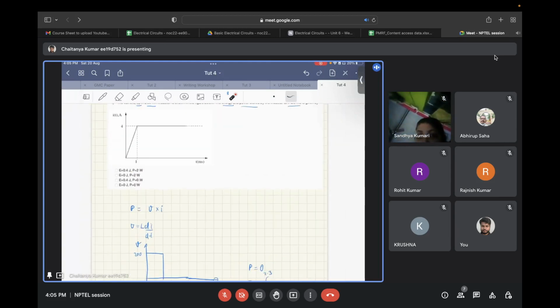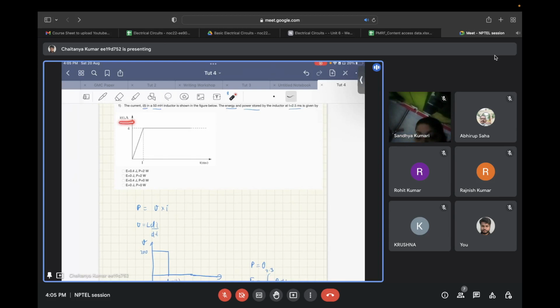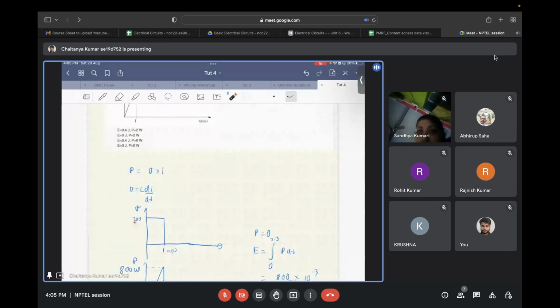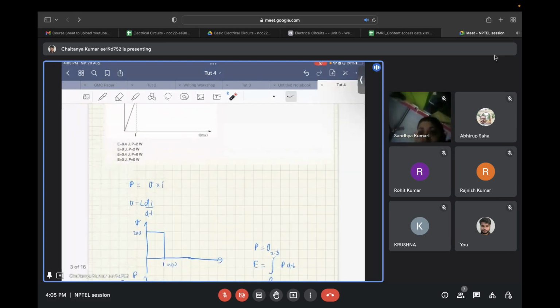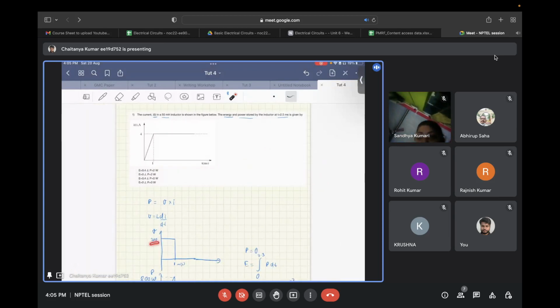From that, whatever current graph we have, if we take the derivative of it, for the first part, the linear increase of current, there will be a slope, and then it is multiplied by the inductor value. The voltage comes out to be 200, and after that, since the current is flat, the derivative of it is 0.